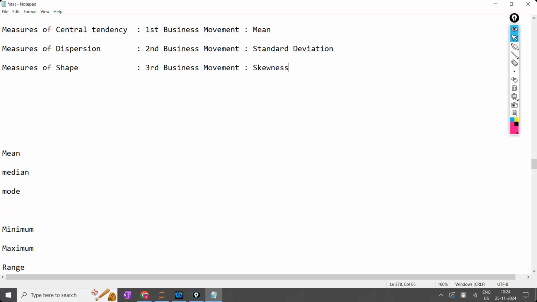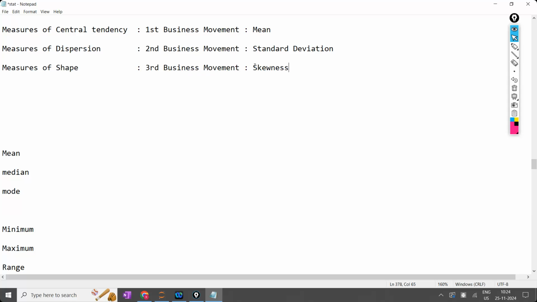X to the power of 1 will be there in the data. X to the power of 2 will be there, because (x minus x bar) whole square you are going to create in the standard deviation. In skewness, (x minus x bar) whole cube you will take. Power 3 will be there. Basically, these are the three most important measures. Actually, we have to discuss only these three.